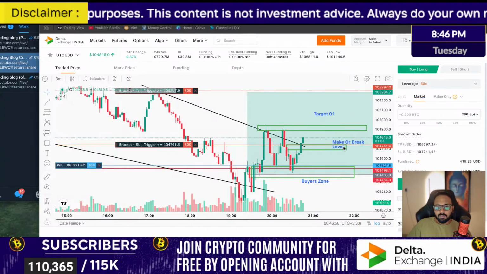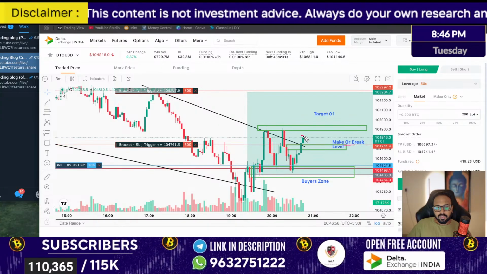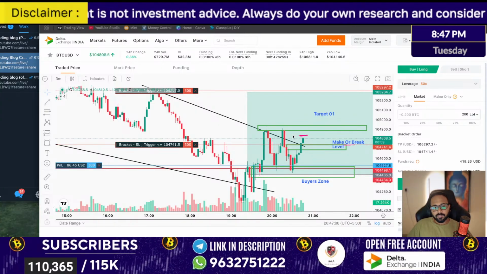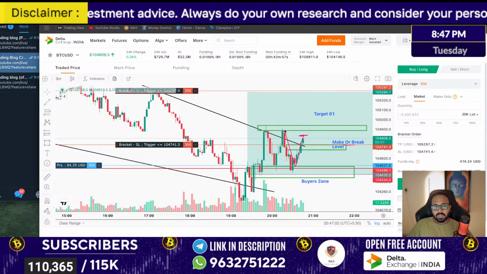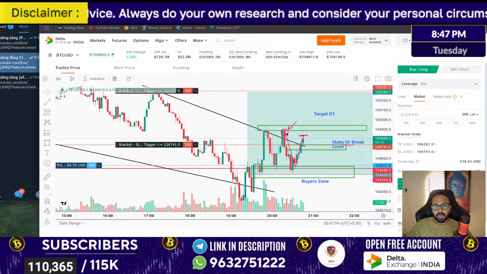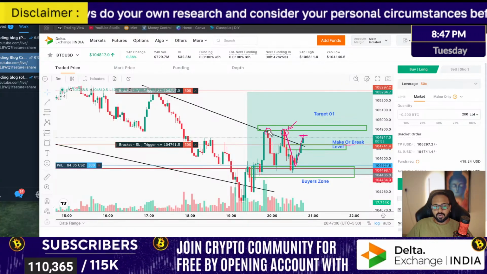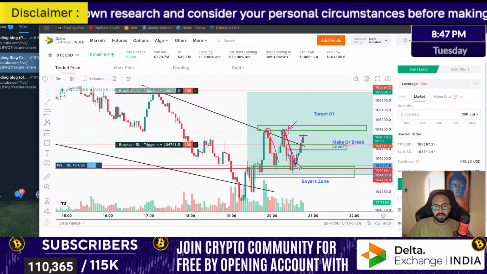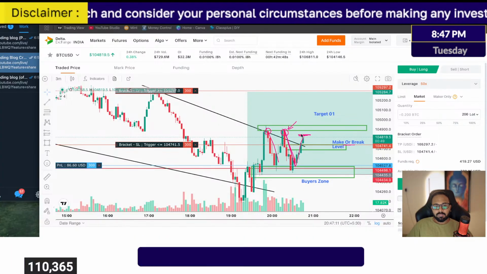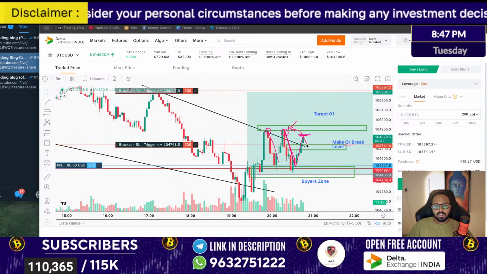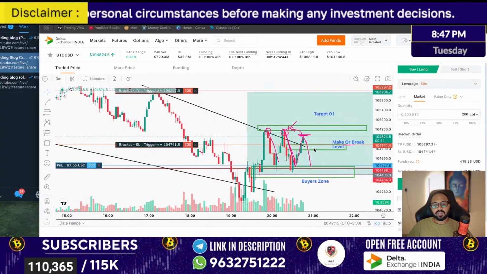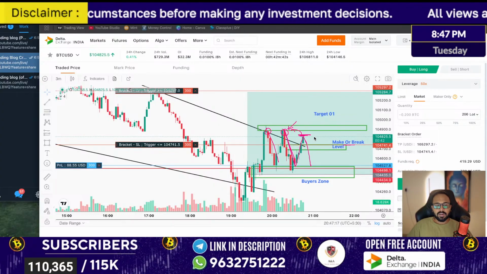Why I have kept my stop loss right now here is because this zone, right? This area correction here, the seller has not yet given up who entered here. Last time also he entered here. Again he entered here. So in case he enters before reaching this level, then again we will go to the same old story in the sideways market.